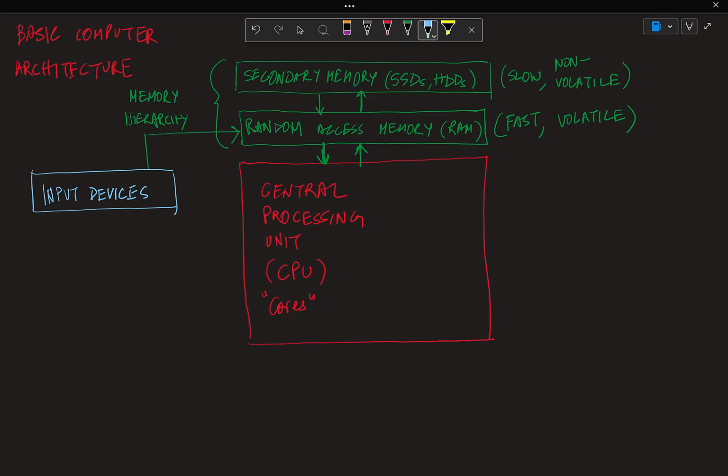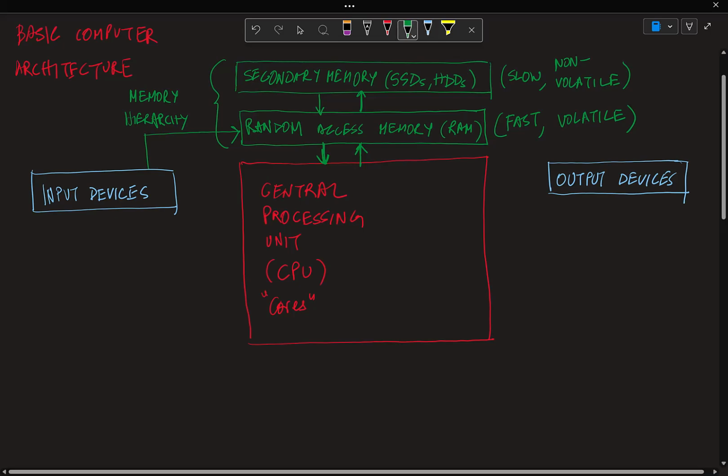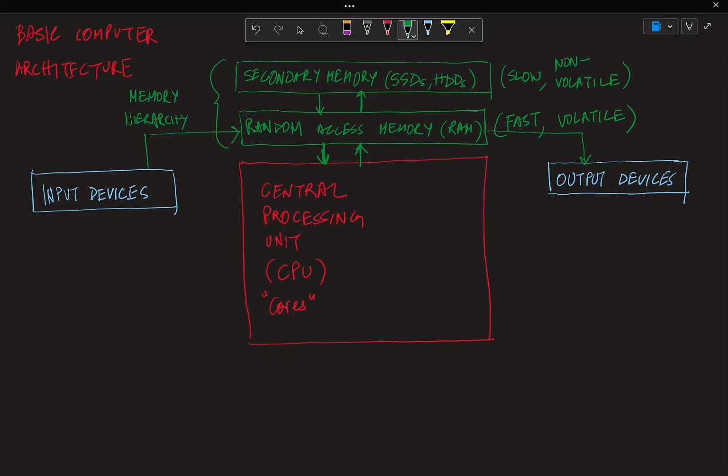And then you also have output devices, and data flows from RAM once results have been computed into output devices, which are things like monitors and network devices to send data out onto the internet, and so on.